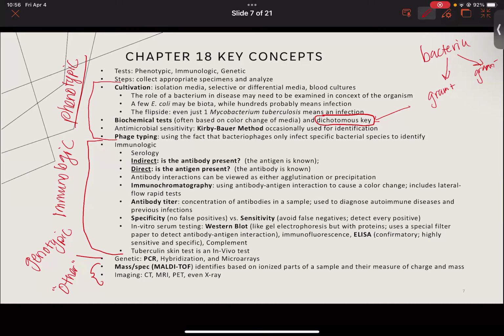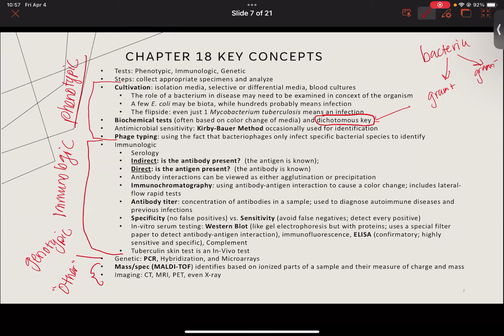All right. Antimicrobial sensitivity. You can actually basically make these, we call them antibiograms, but essentially the identity for which antibiotics you are susceptible to and how susceptible you are to them can sometimes be used to identify bacterial species from one another.